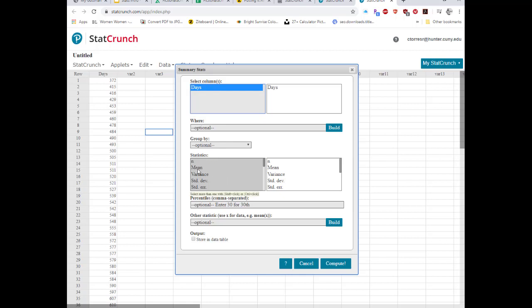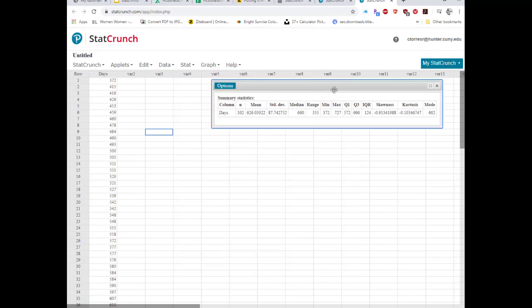I like to pick the following: the count, which is n, mean, standard deviation, median, and everything that goes with the interquartile range. I'll make a list if you'd like, and also a PDF of it, and link it below. I like skewness, kurtosis, and mode, and I hit compute, and then it has all my information.